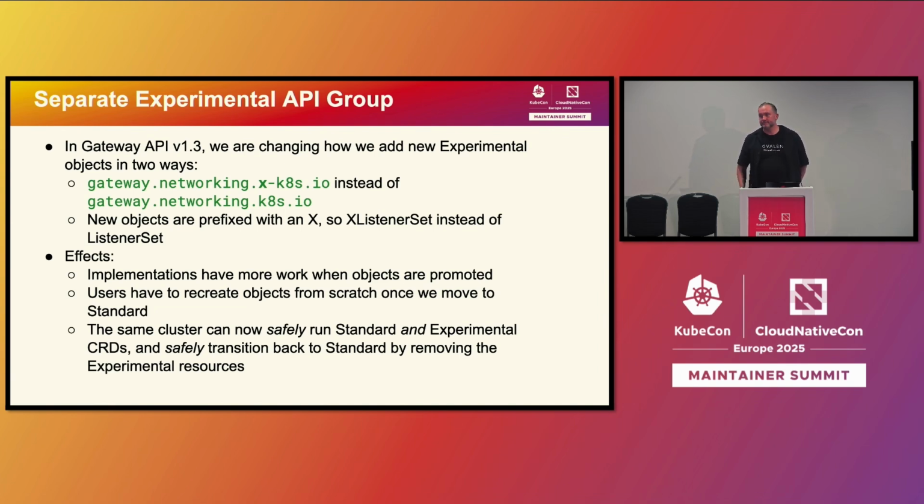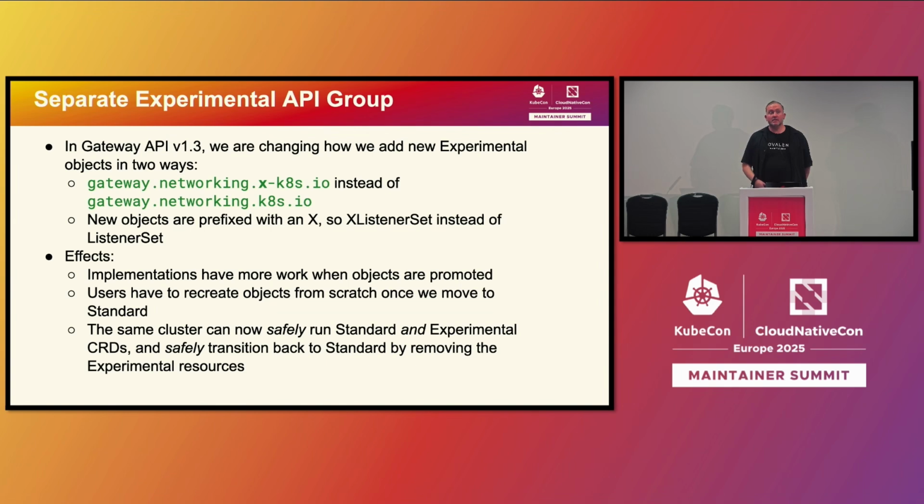Going from that, I'm really curious about the interop between standard and experimental. One of the earlier ideas, when we were talking about having an entire mirror universe where everything is X dash, was to have X ListenerSet can only attach to an X Gateway, and can only be referenced by X HTTPRoutes. How are we thinking about it now, with HTTPRoute potentially attaching to an X ListenerSet and X ListenerSet potentially attaching to a regular Gateway, especially for implementations?